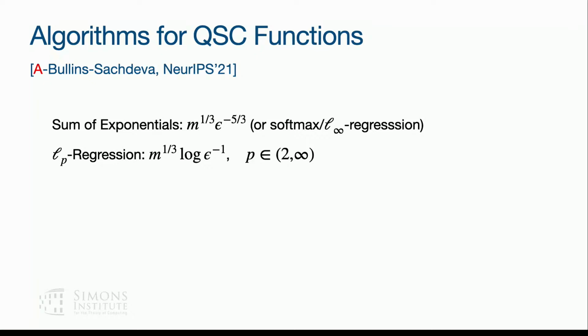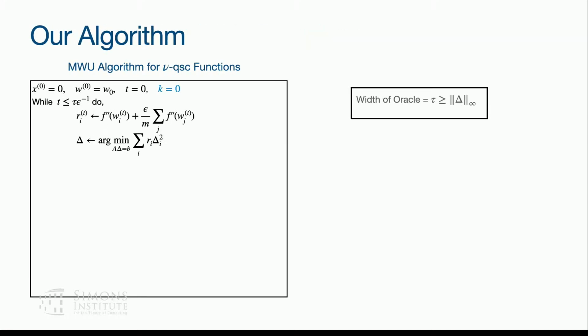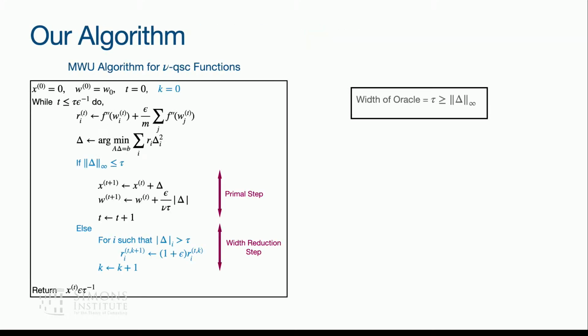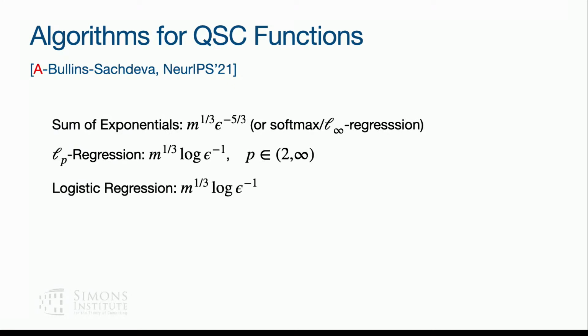But they all use very different, specific potentials. What we actually show is that you can give a unified potential analysis that captures all quasi self-concordant functions.